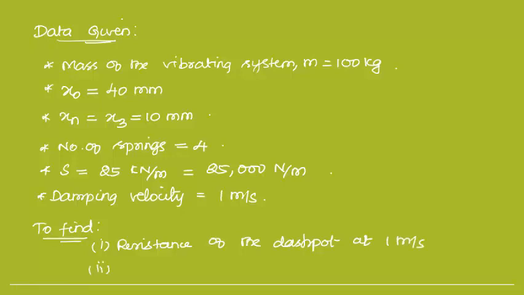And in the second subdivision, it is asked to calculate the periodic time of the damped vibration, that is Tp. In the first subdivision, it is asked to calculate the resistance of the dashpot, that is damping coefficient.